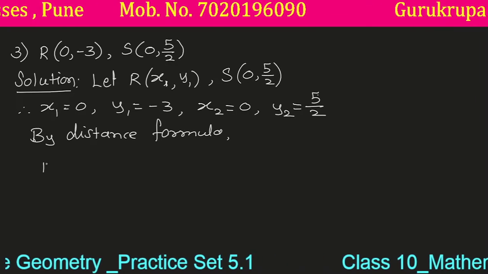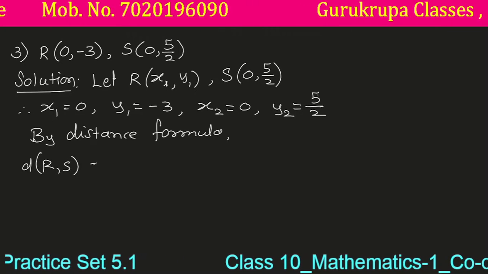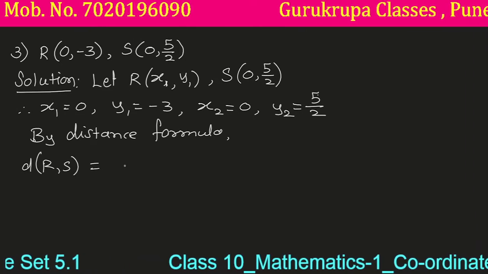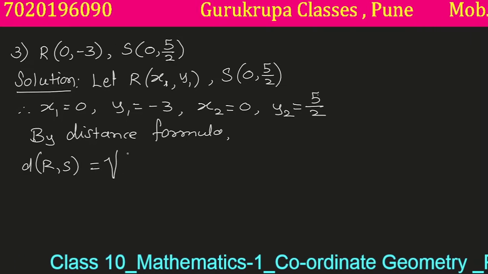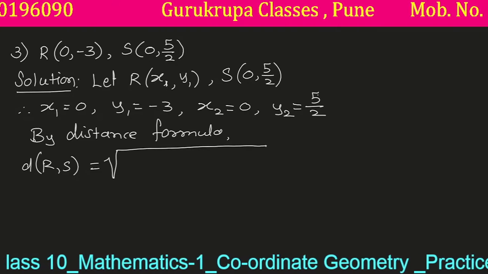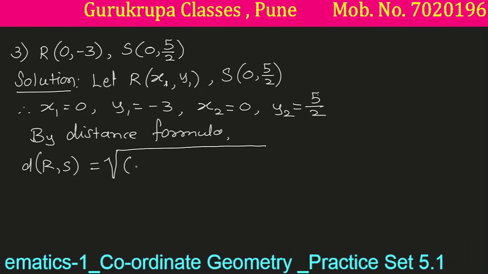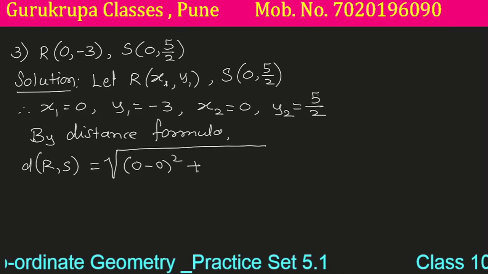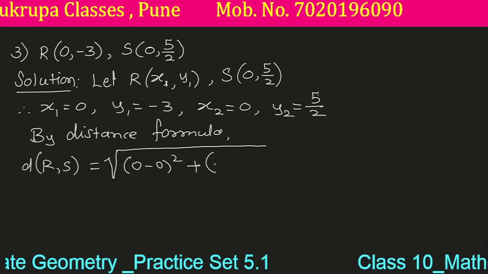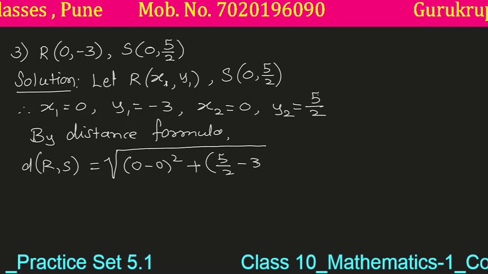here we get the distance d(R, S), the distance between R and S, and that is the square root of two brackets: (0 minus 0) square plus (y2 minus y1), that is 5/2 minus (-3).